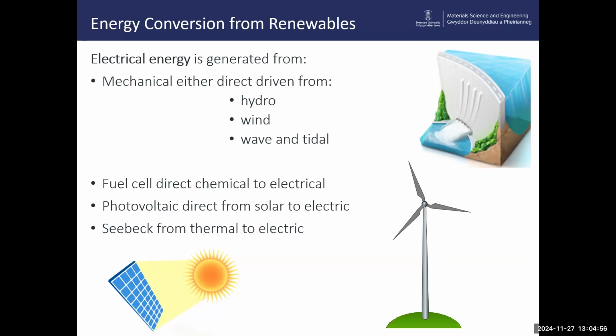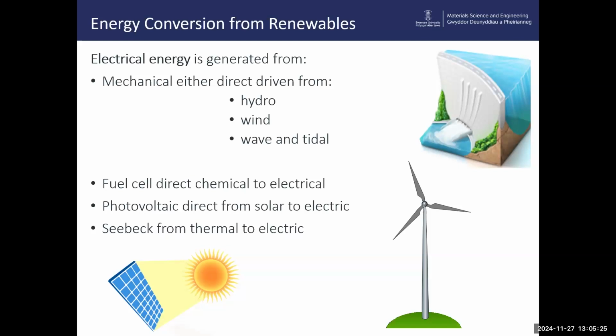We have PV, or photovoltaic energy, directly from solar to electric. And we also have something called the Seebeck effect, which is a phenomenon where there's a temperature difference between two dissimilar electrical conductors or semiconductors. This produces a voltage difference between the two substances. So it allows us to convert thermal energy from the sun to electric energy.